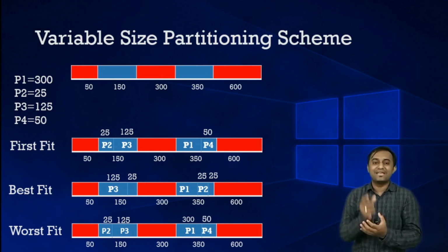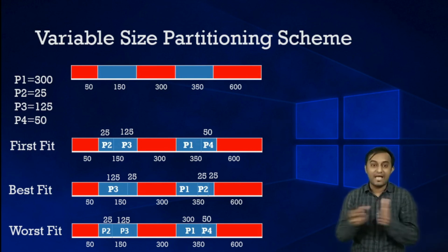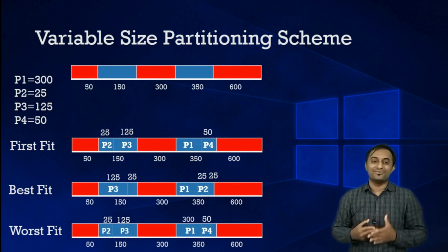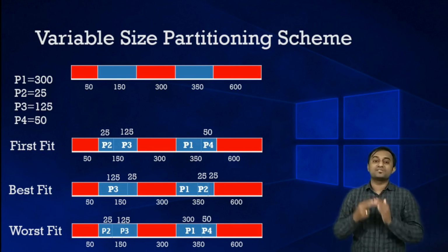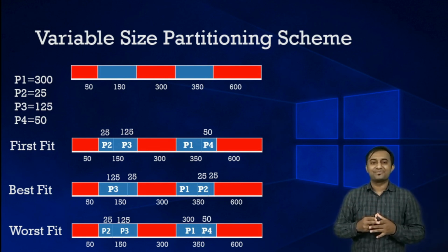Because it gives priority to the largest capable block, so that once the process is accommodated, the remaining size of that block would be higher as compared to the best fit algorithm. So we can easily accommodate upcoming processes within that remaining size of the block. So that's why the worst fit algorithm performs best in the case of variable size partitioning scheme.